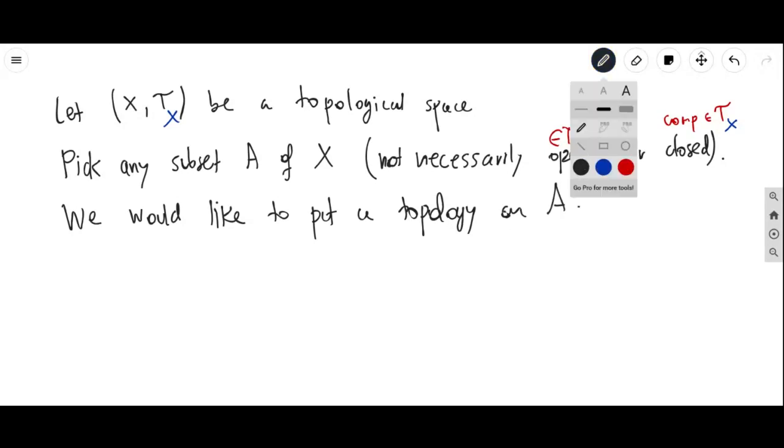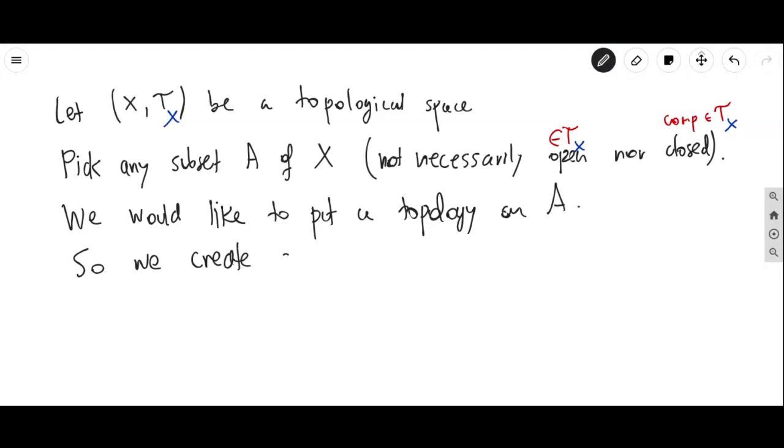So that means we want to create a new topological space, which we're going to call (A, T subscript A), because now we have a topology on A. We have a different topology, but this time we're putting it on the subset.